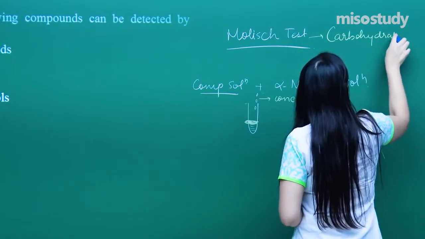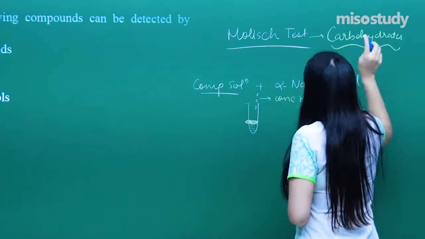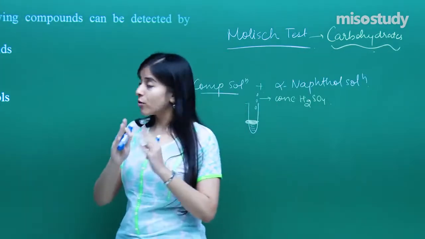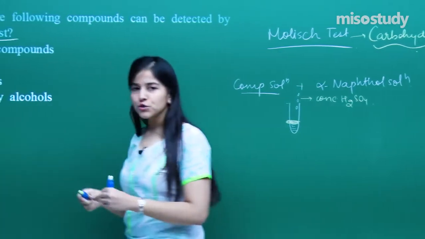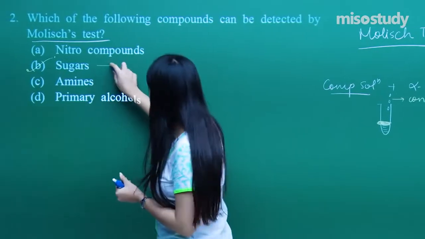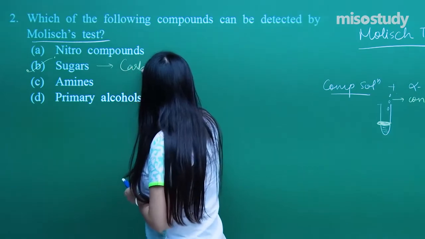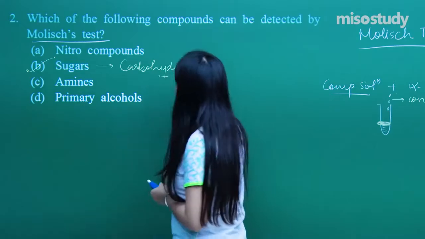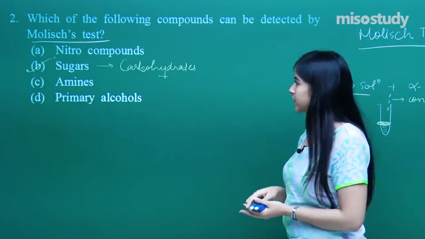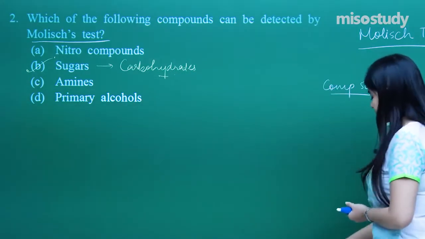It is another very informative question. That means the Molisch test is always used for the detection of sugars, or carbohydrates in turn. I hope everybody is clear with the test. You need to remember this test particularly. Let us move on to the next question.